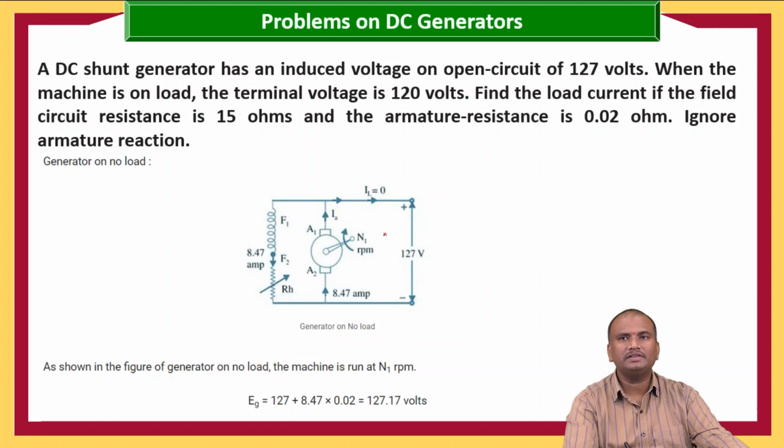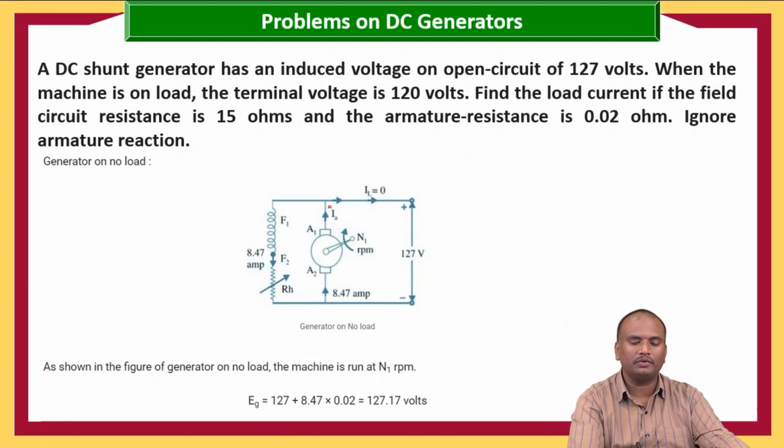Here the data given is the induced voltage is 127 volts, and when the machine is on load, the terminal voltage is 120 volts, and we need to calculate the load current if the field circuit resistance is 15 ohms and the armature resistance is 0.02 ohms.